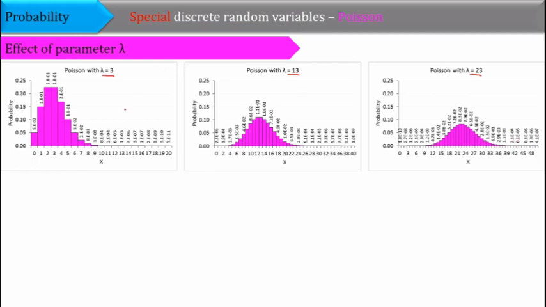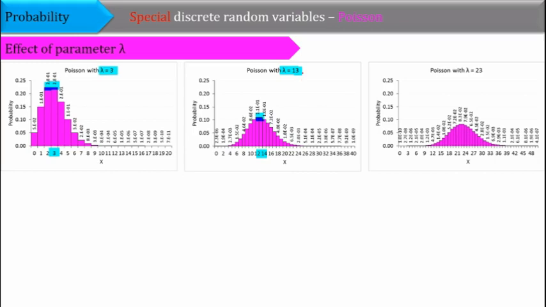So let's start with the first one. For lambda equal to 3, we can see that the highest bar is situated around 3. So that means that the highest bar is at lambda equal to 3, where lambda, of course, is equal to the expected value, or the mean. For the next one, lambda equal to 13, we see that the highest bar is again by 13.